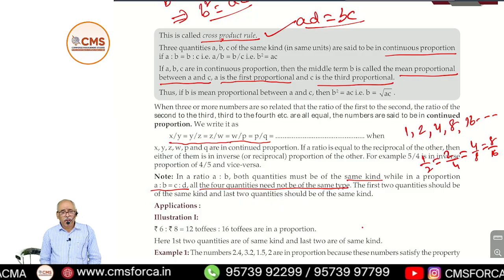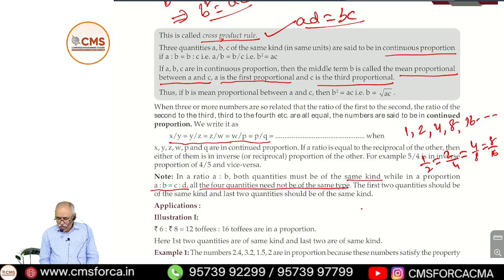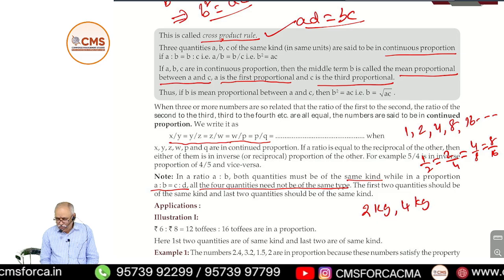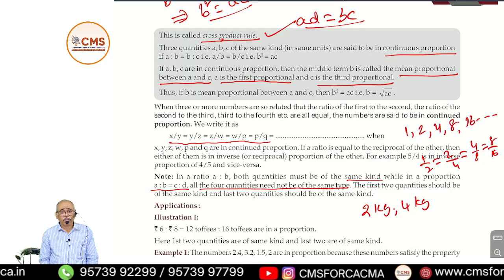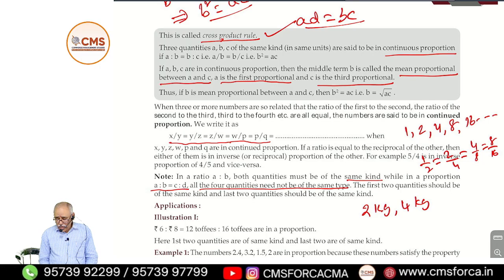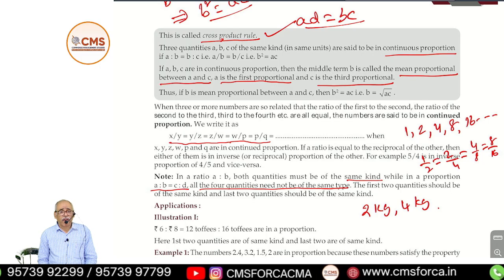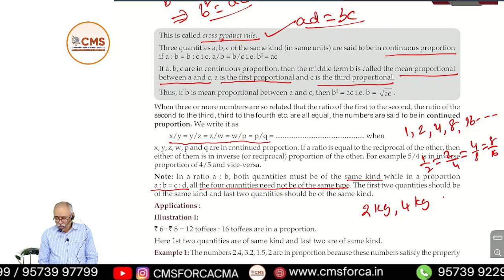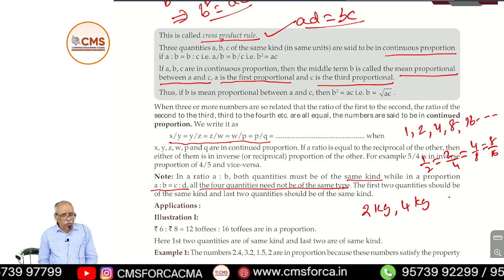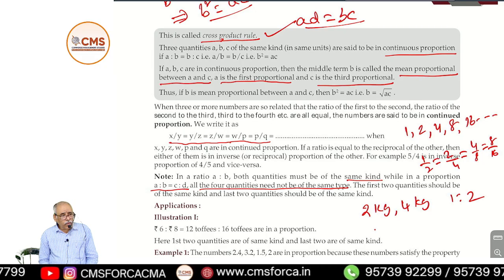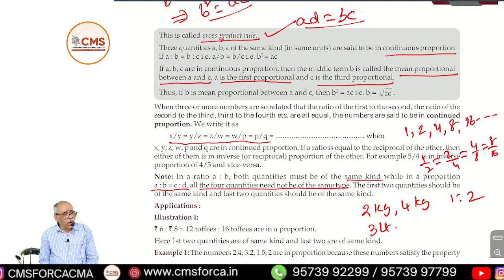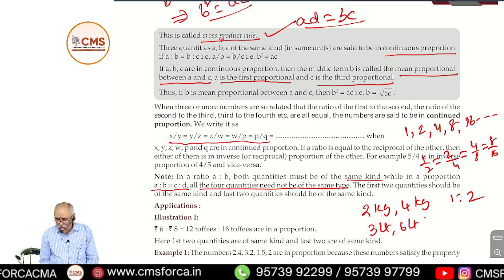I will explain. See, you take 2 kgs of rice, 4 kgs of rice. Can you compare these two? 2 kgs of rice, 4 kgs of rice. You can compare. What is the ratio? 2 by 4, 1 is to 2. Now, another one I am comparing. 3 liters of oil, 6 liters of oil.